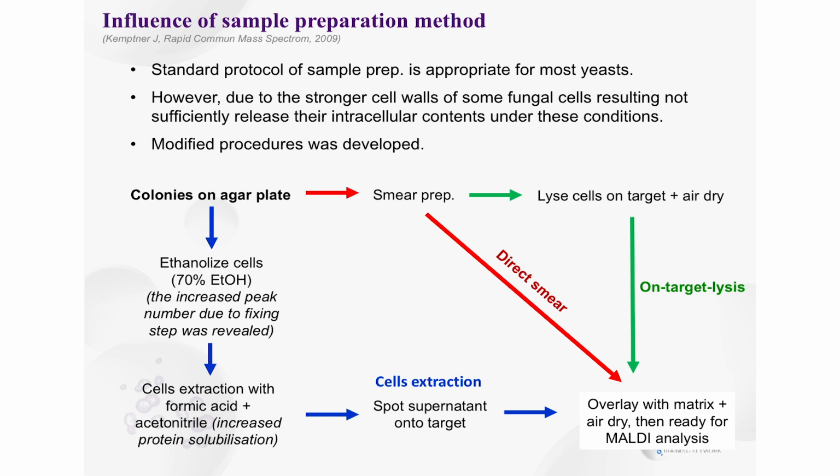We just pick up the colony, and here we have to clean the cells first using 70% ethanol, and then proceed. So the three methods are different from each company, from each producer. So you have to really think about this before you buy and before you set up the protocol.